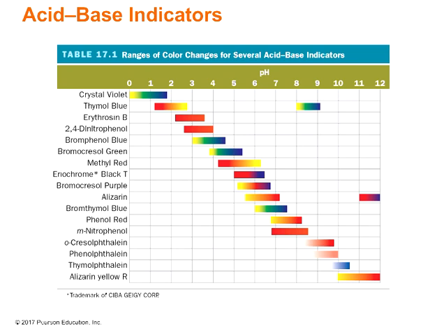So this chart in your textbook shows a wide variety of indicators that we could use for acid-base reactions. You'll notice that, for instance, crystal violet should ideally be used if you're trying to look for a really low pH value.